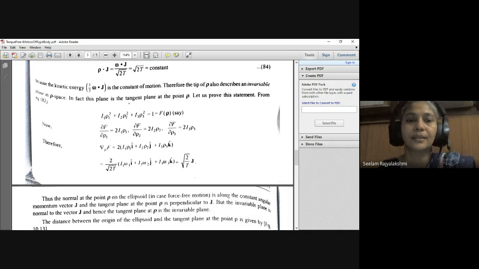Therefore, gradient of f with respect to rho equals 2 into I1 rho1 i cap plus I2 rho2 j cap plus I3 rho3 k cap.